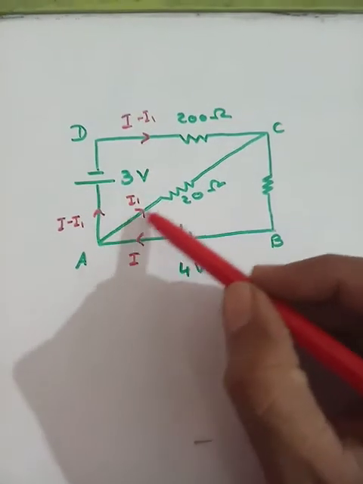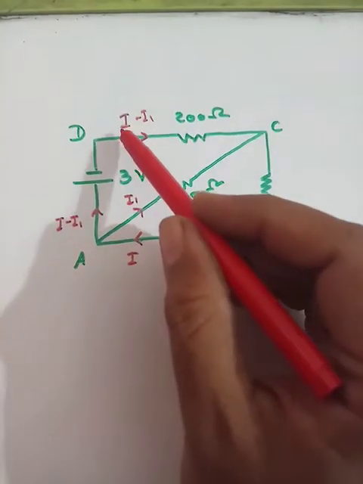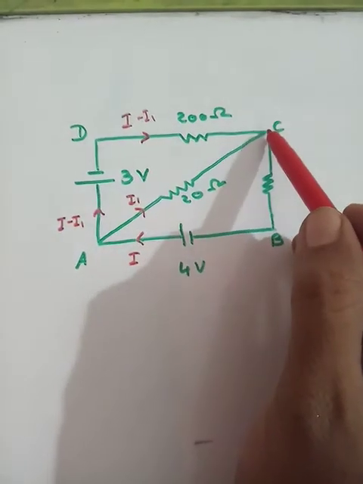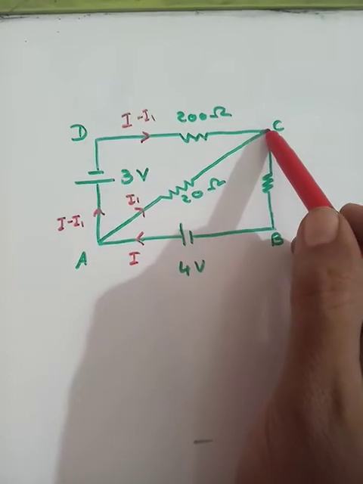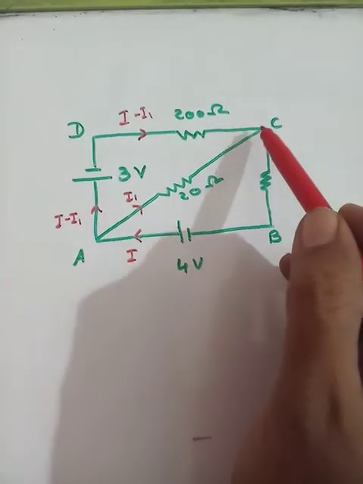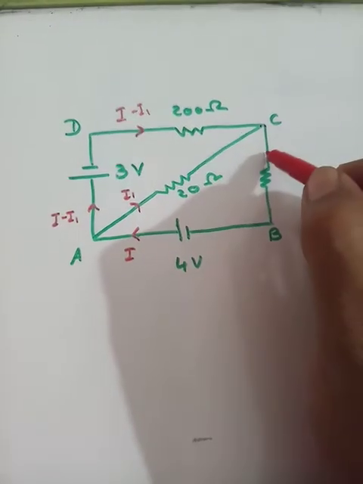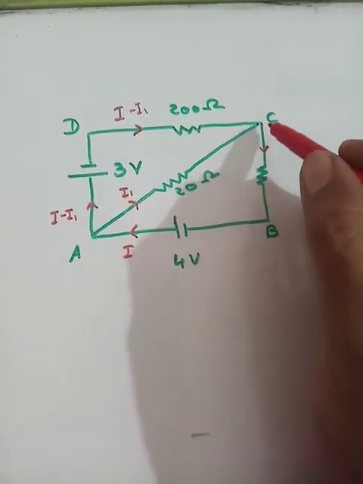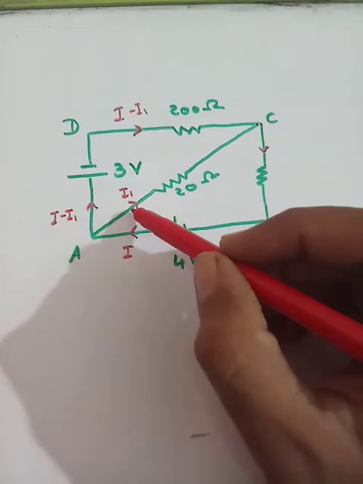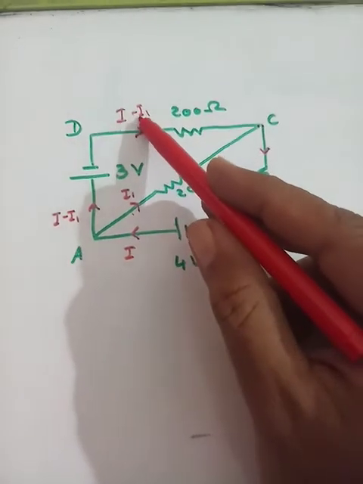Now this current I1 and this current I minus I1 both meet at a junction C. They will combine. So what is the current that is flowing back from C? Add both these values, I1 and I minus I1.